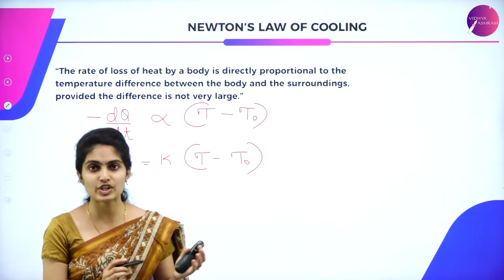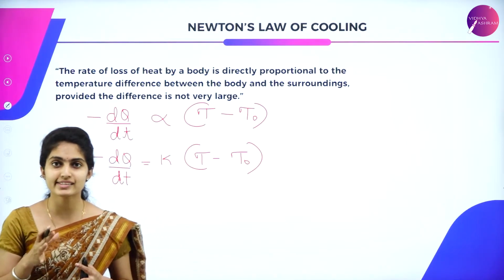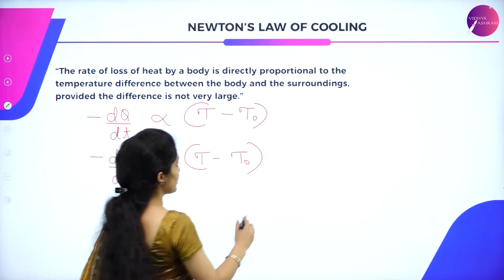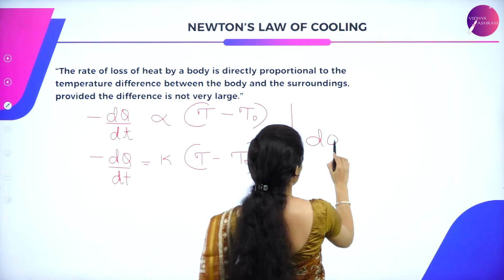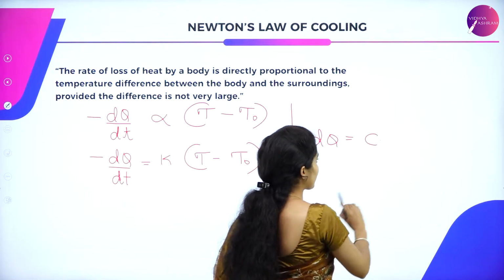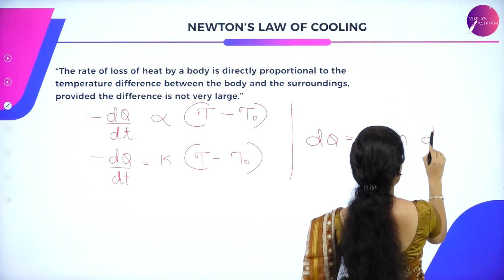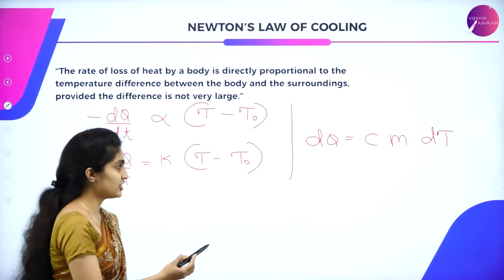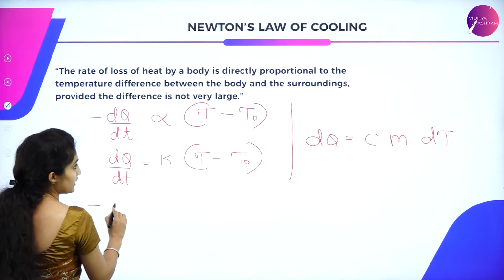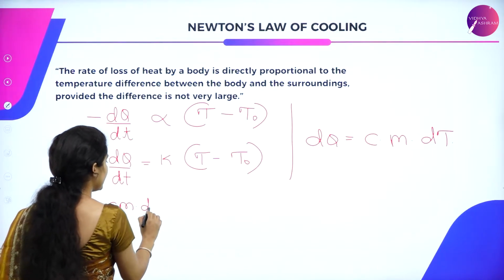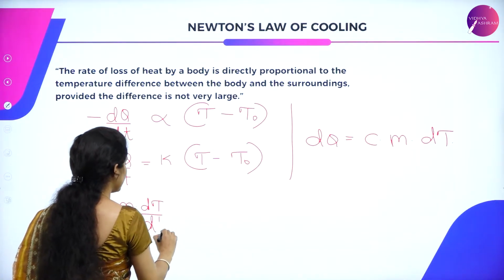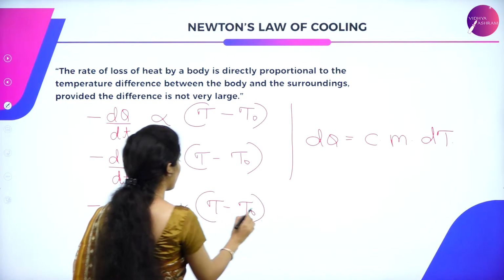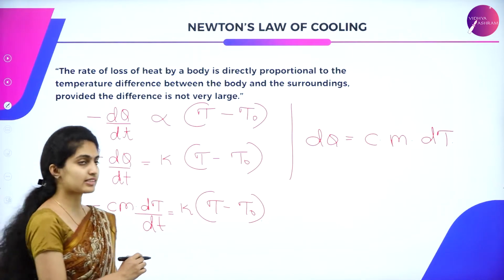Having this equation, let us see now what dQ is. We have dQ is equal to C m dT, where C is the specific heat, m is the mass and dT is the temperature change. When dQ is equal to C m dT, we have minus C m dT divided by dt, which is equal to k into (T minus T naught). So this is the temperature difference and this is the equation.